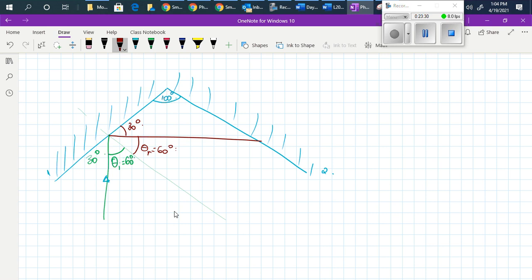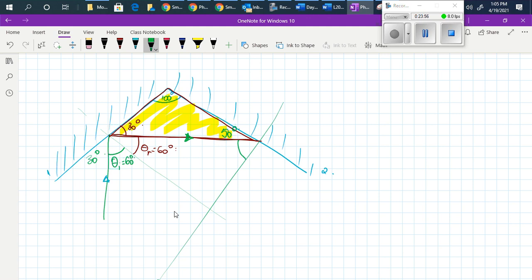And now on this triangle here, the sum of inside angles in a triangle is equal to 180 degrees, telling us that this angle is 50 degrees. So we draw perpendicular here.